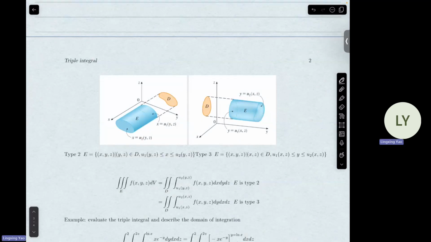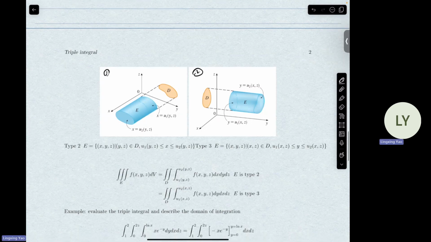If, for example, the projection of E onto another plane is easier, then in the type 2 diagram, E is projected to the YZ plane, and in type 3, E is projected to the XZ plane.